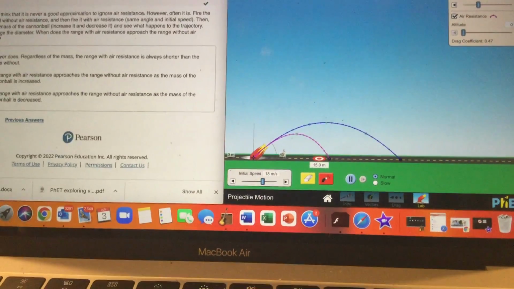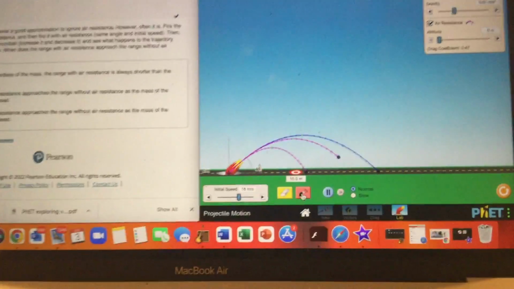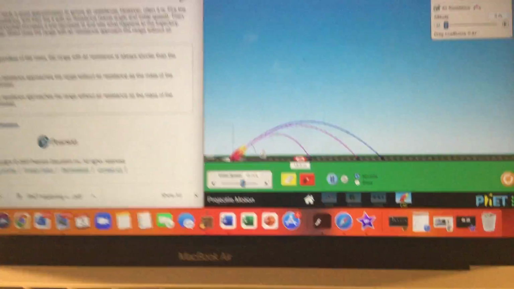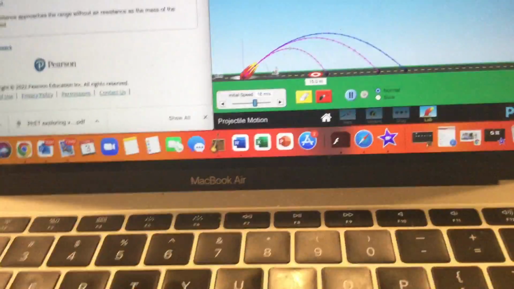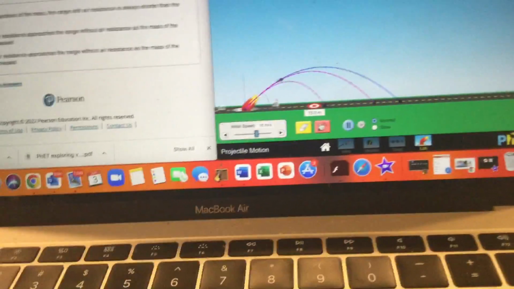Now as we increase the mass, we'll start at a medium mass. You see it approaches the range without air resistance as the mass increases. We'll do one with the mass at the highest we can have it on this simulation.